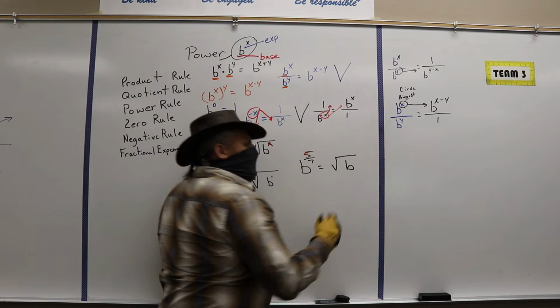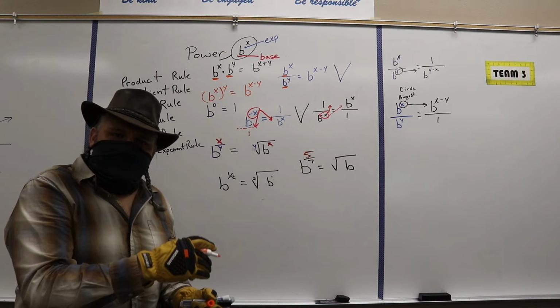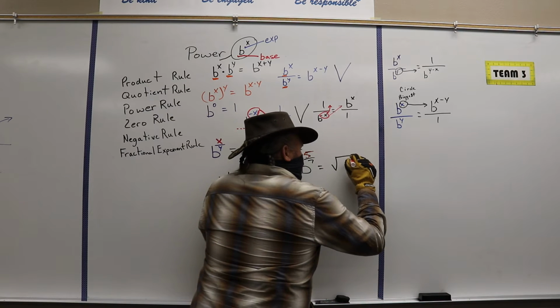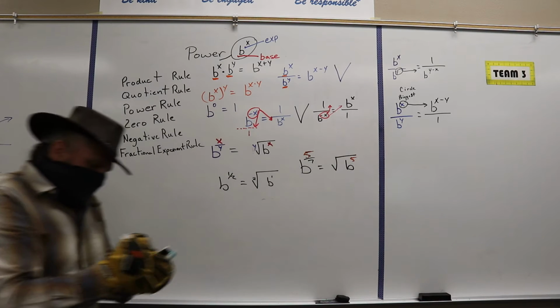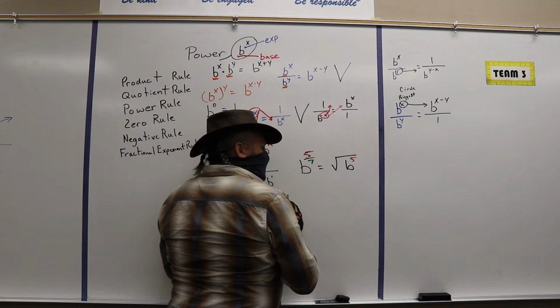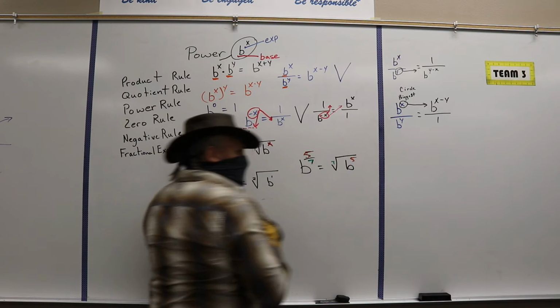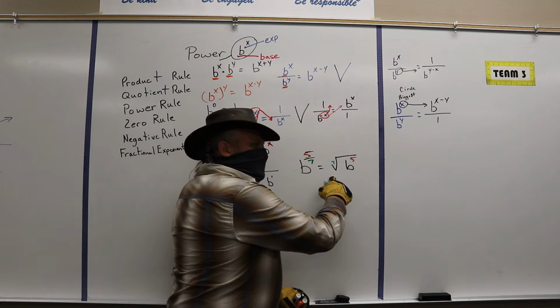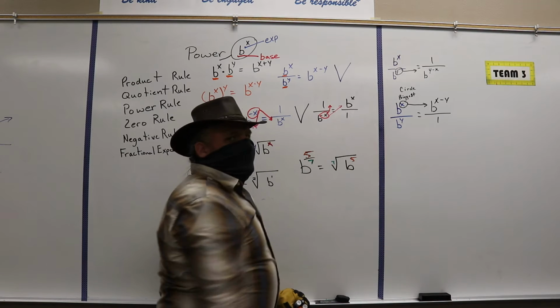It's in the top of it. It's not the root, it's the top of the plant. So that is connected to the b. Yet the root, the 7, is the root of the radical. So it's a 7th root of b to the 5th.